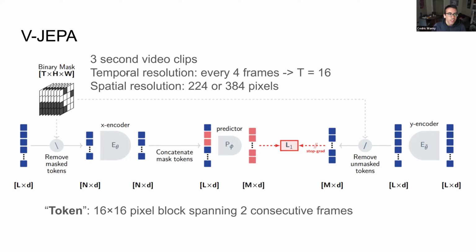The temporal resolution of the video is we only select every 4 frames. And we use 3-second long video clips. So 3-second long video clips with only selecting every 4 frames. That means that the total number of frames you get is 16.